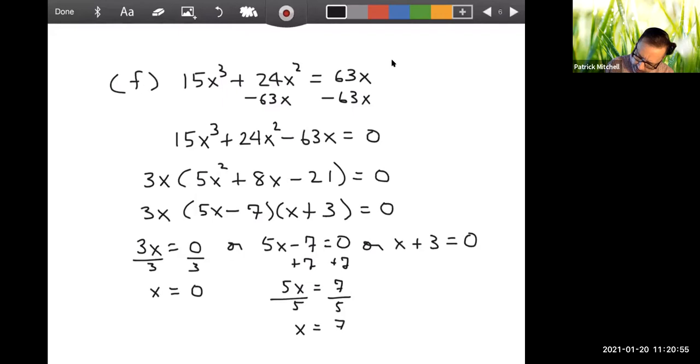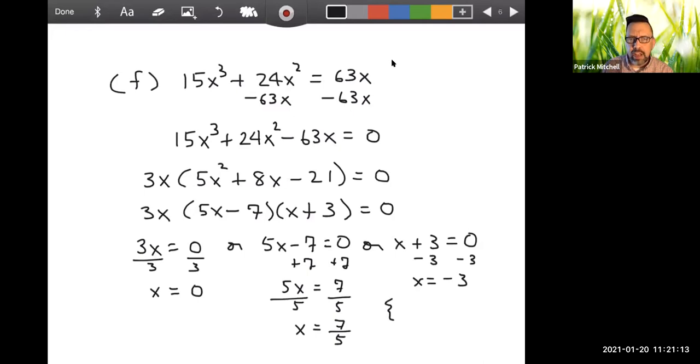I hope you can see that. And if x plus 3 is 0, that must mean that x is -3.